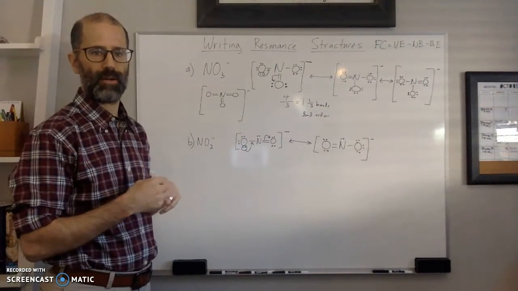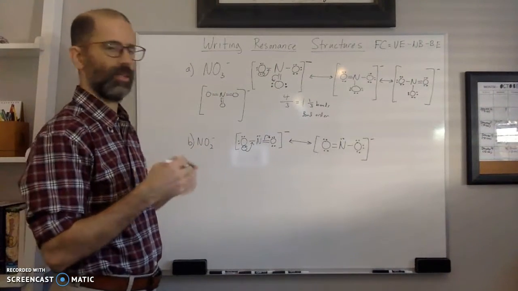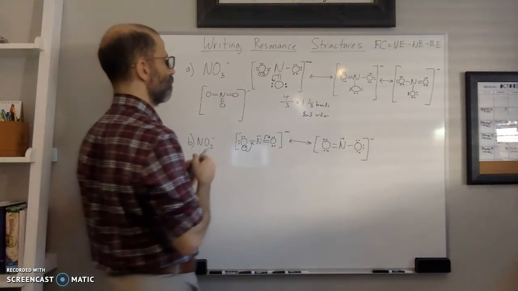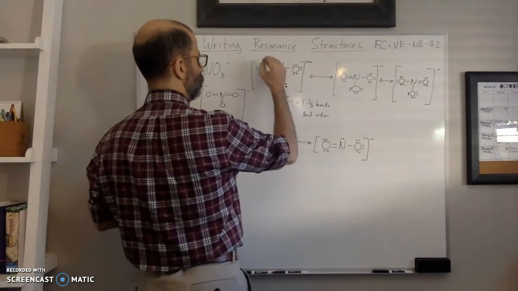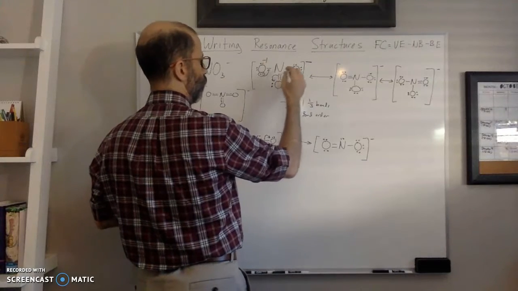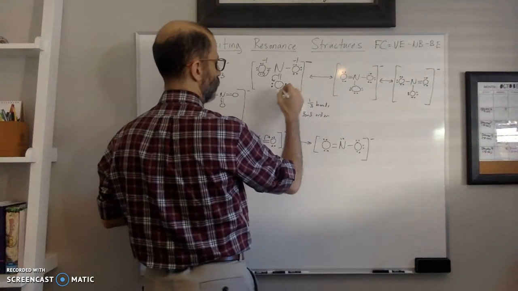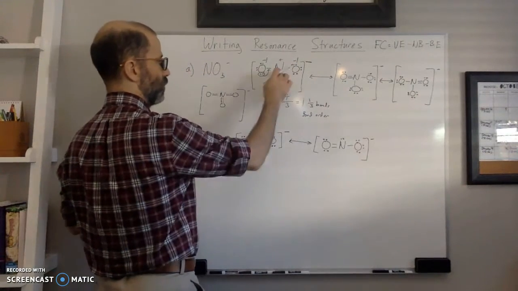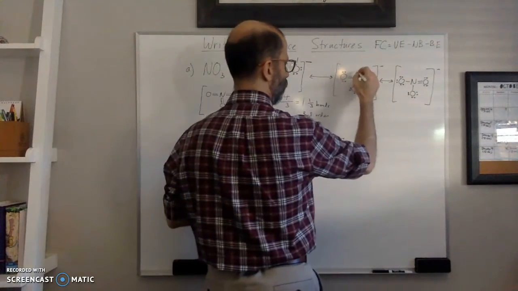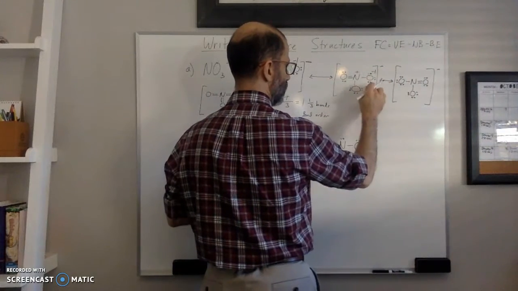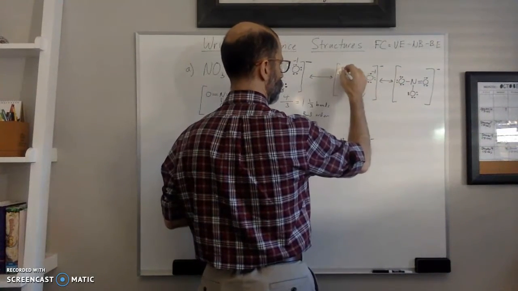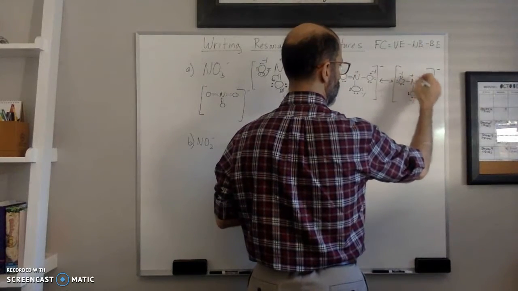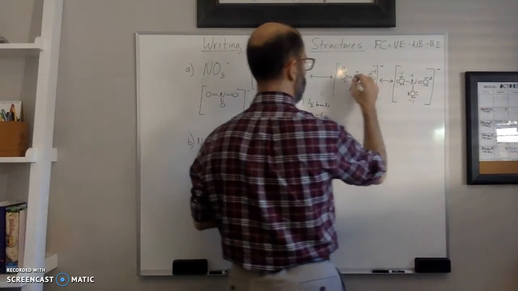If you want to know how to calculate that or get practice, see my video on assigning formal charge. So this one's going to have a -1 formal charge, this one's going to have a -1, this one's going to have 0, and this one's going to have a plus formal charge. So nitrogen has a plus, and it's going to be the same for all these. This one's a plus, but this one's a negative, this one's a negative, and this one's 0. And now for this one, this is negative, this is negative, this is positive, and this is 0.